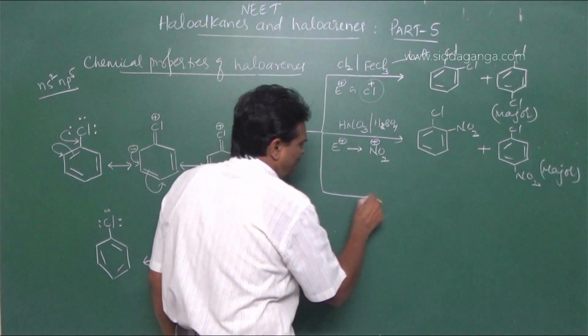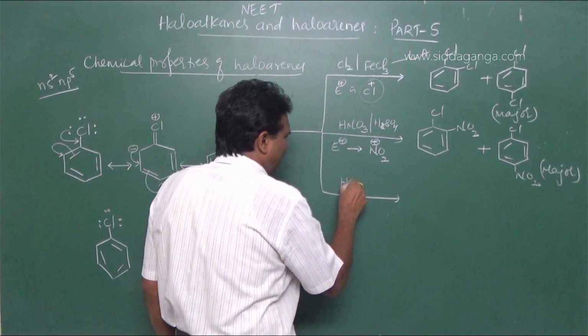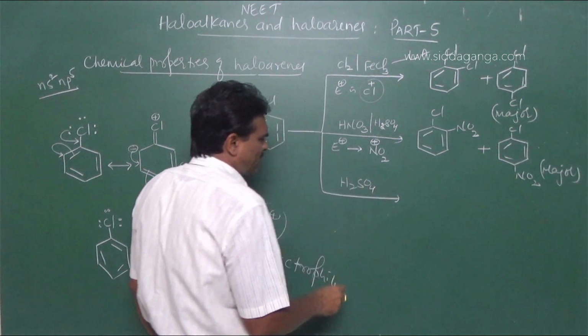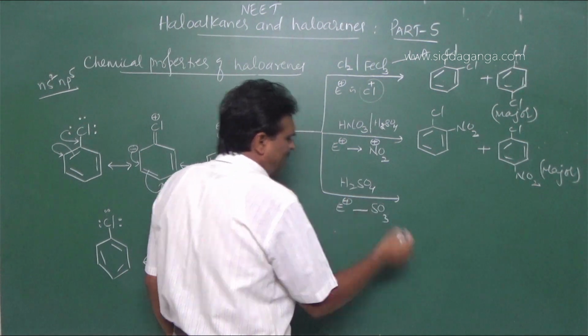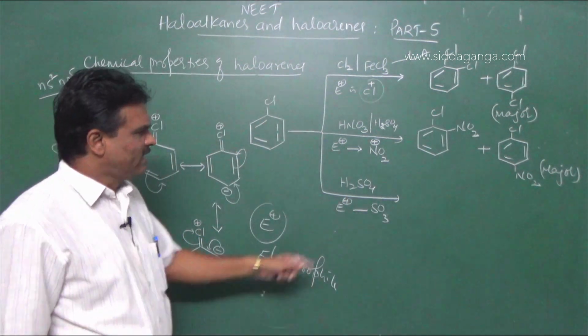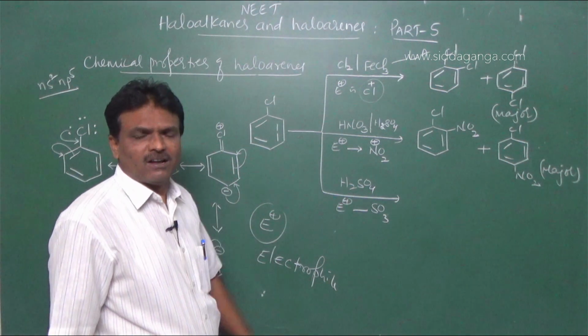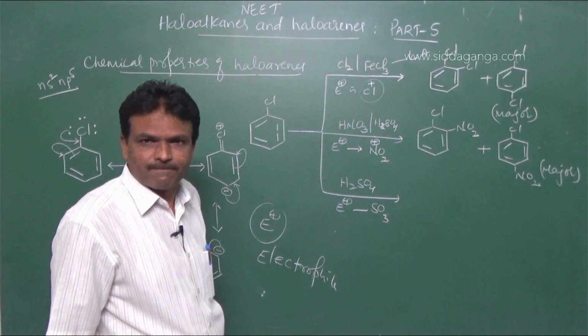Then another one is when it is heated with concentrated sulfuric acid, the electrophile is a neutral electrophile. It is sulfur trioxide. It is generated by concentrated sulfuric acid.